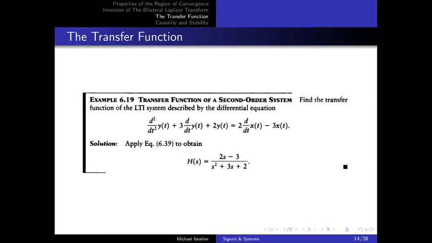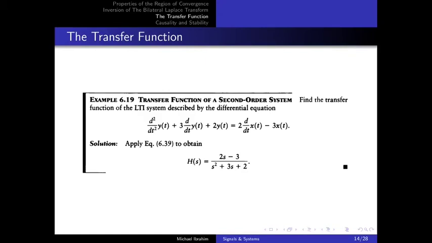So the first derivative is multiplied by s, and the second derivative by s squared. Of course there are initial conditions in the property, but as we've said before, we will assume no initial conditions in most of the problems we deal with in this module.